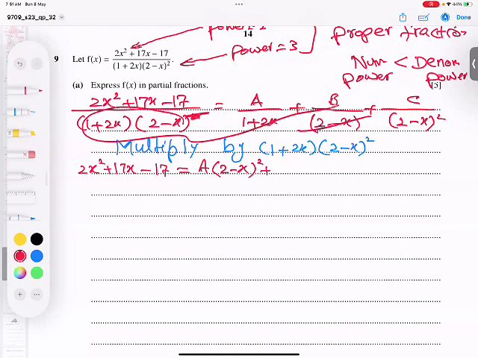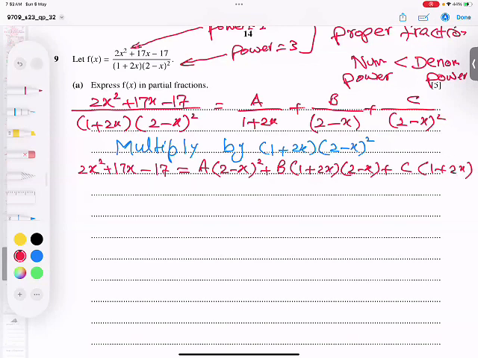So both parts stay beside B. When you multiply with this, it will cancel with this, and we get C times 2, 1 plus 2x. So student, what to do after this? After this, under the power 2 or under this power, whatever, put equal to 0.